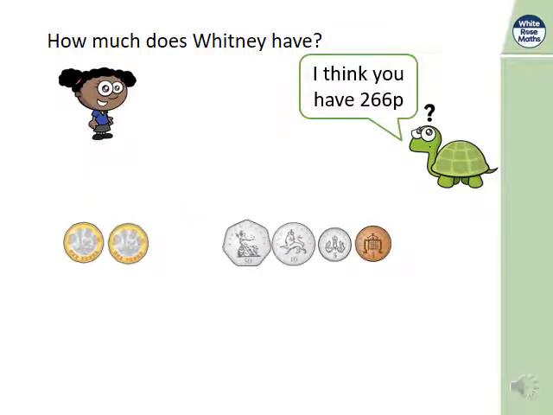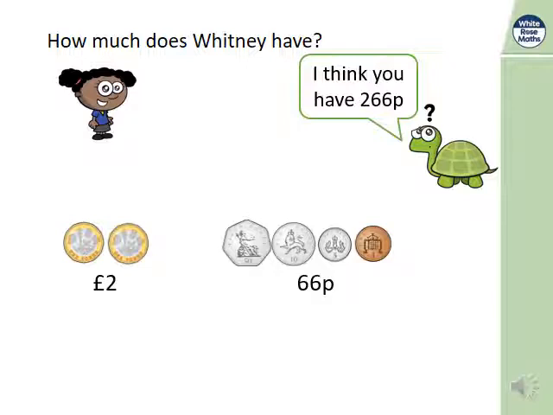If we line up and separate our coins into pounds and pence, we can see that we've got the pounds on the left side, because we can count them up quite easily, and then we've separated the rest of the coins to see how many pence we've got. So we've got £2, and we've got 50, 10, 5 and 1, which makes 66p.